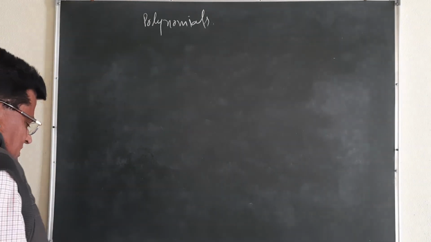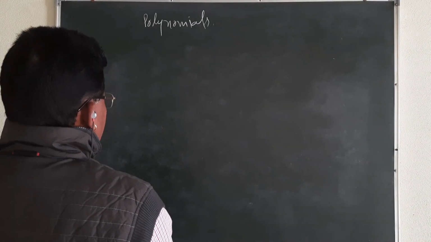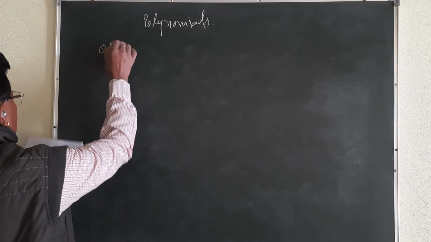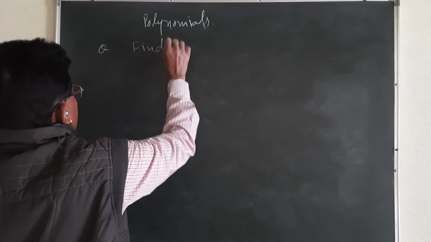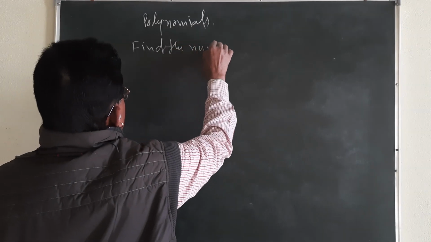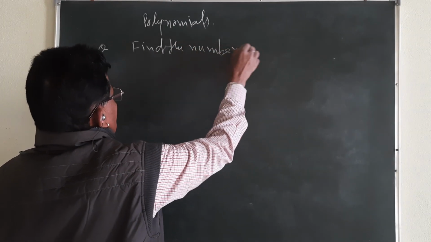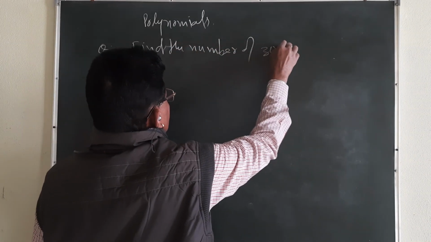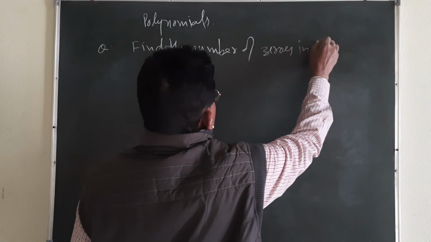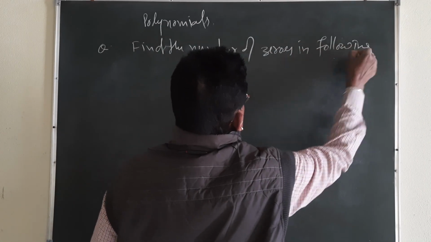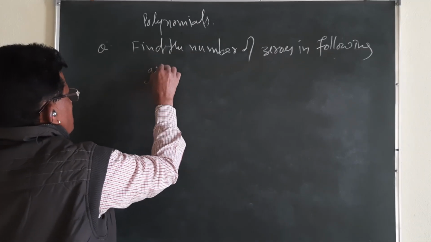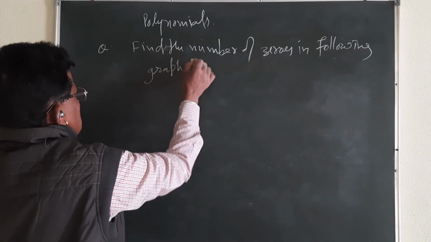First of all, I will discuss some questions. Let me take it. Find the number of zeros in the following graphs.